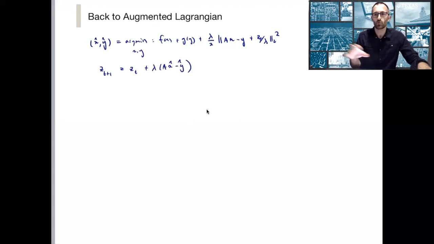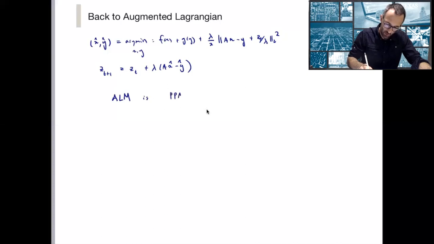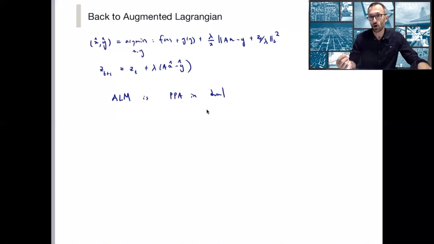And we saw in the previous lecture in this series that the augmented Lagrangian method is exactly applying the proximal point algorithm in the dual. But ALM is the proximal point algorithm in the dual. But we just learned that the proximal point algorithm is a gradient descent on a smoothed function.